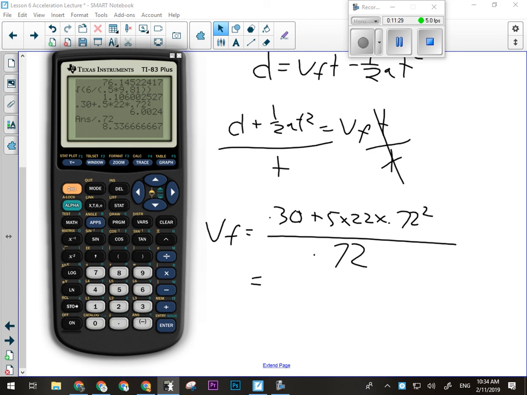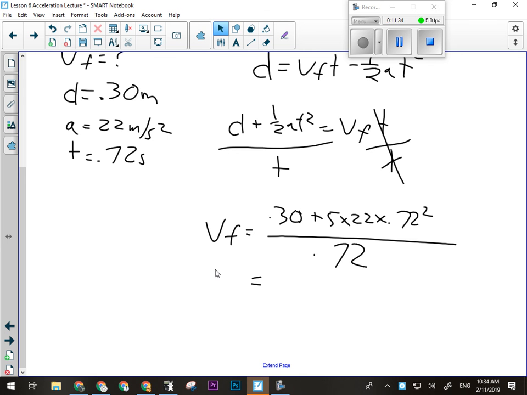All right, so we're looking at a final velocity of 8.3 meters per second. Our final speed, I guess, in this case, because we were never given any directions, 8.3 meters per second.